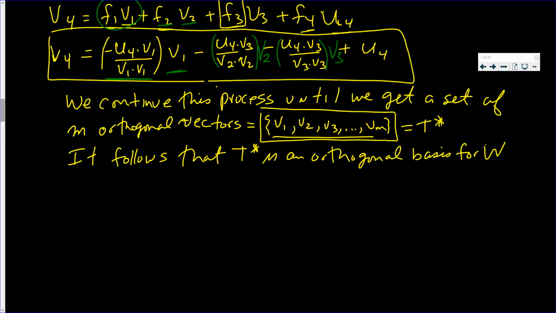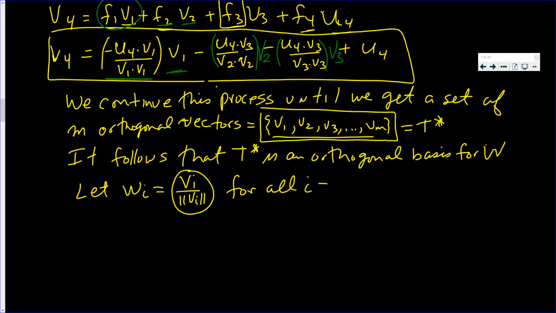What you want to do is let W sub I equal V sub I divided by the length of V sub I. This will be a unit vector. And I want to say this for all I equal 1 to n.